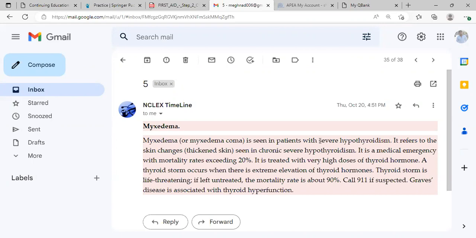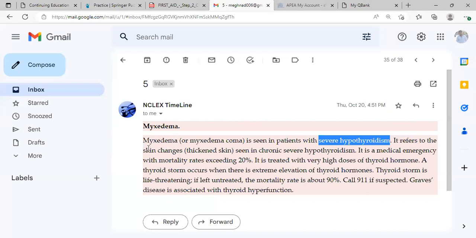So if any patient has a severe hypothyroidism, it means thyroid stimulating hormone is too high, but T4 and T3 are very low. With signs and symptoms, the patient presents with hypothyroidism. So it is the complication of hypothyroidism, myxedema.